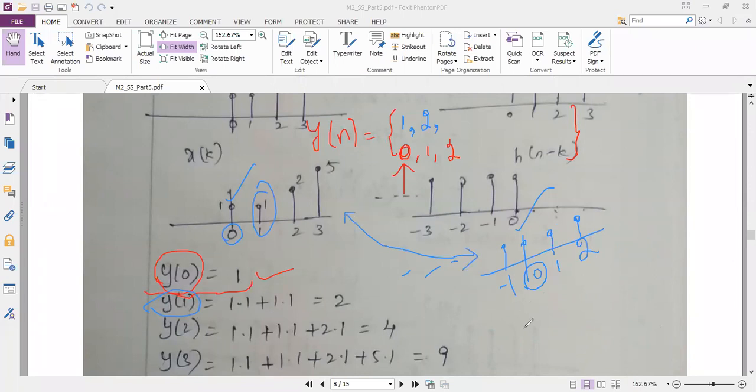So it is 1 into 1, plus 1 into again 1, plus, what is the next sample amplitude from x of k? 2. 2 into 1. Very good. So it is 1 plus 1 plus 2. So how much? 4. Okay. Now we will go for the next output.